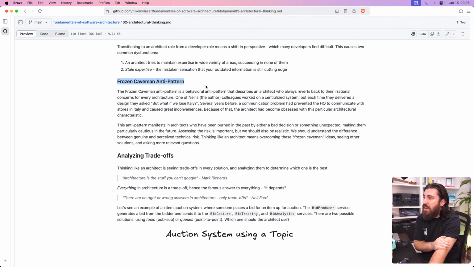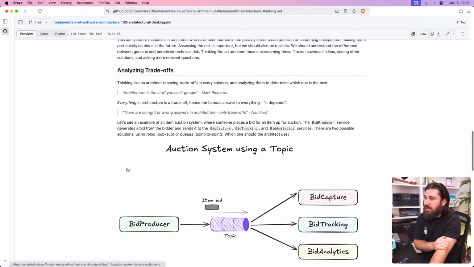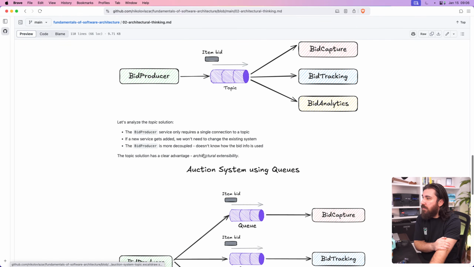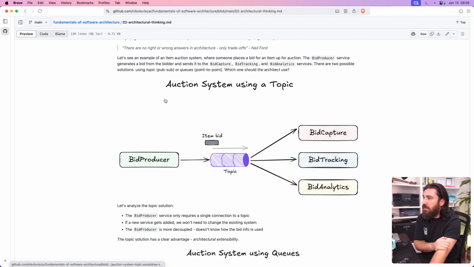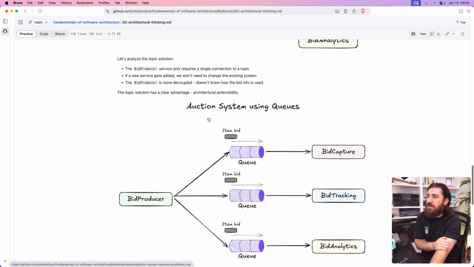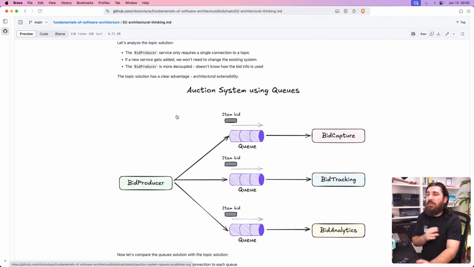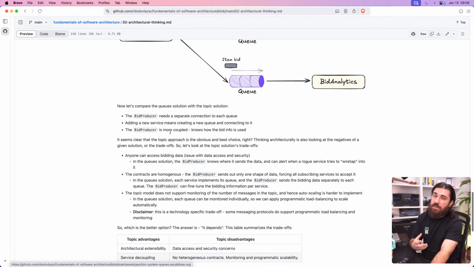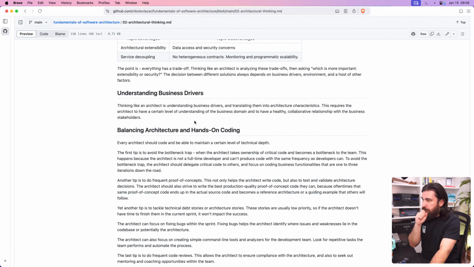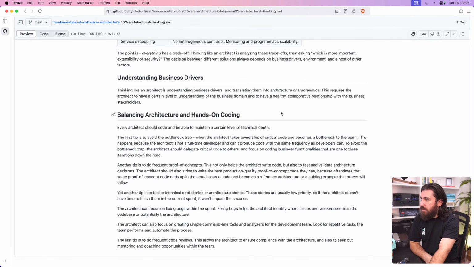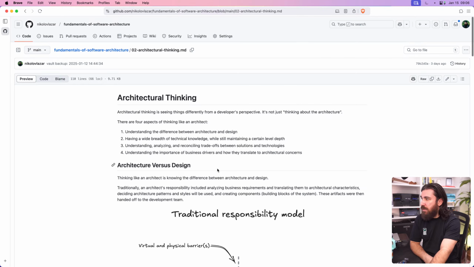There's an interesting frozen caveman anti-pattern that we're going to discuss, and this part is especially cool with analyzing trade-offs, where we'll see an auction system with a topic and an auction system using queues, and how as an architect we can analyze the trade-offs between these two and which one we should pick. And then at the end there's the importance of balancing architecture and hands-on coding. So let's just dive in.